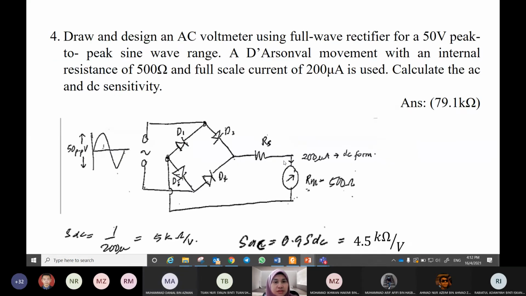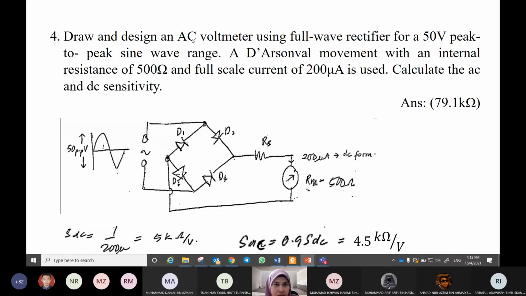No. Okay, this is number 4. Draw and design an AC voltmeter using full wave rectifier for a 50 volt peak to peak sine wave range. This ammeter movement with an internal resistance of 100 and full scale current of 200 microamp is used. Calculate the AC and DC sensitivity. So we draw AC voltmeter.